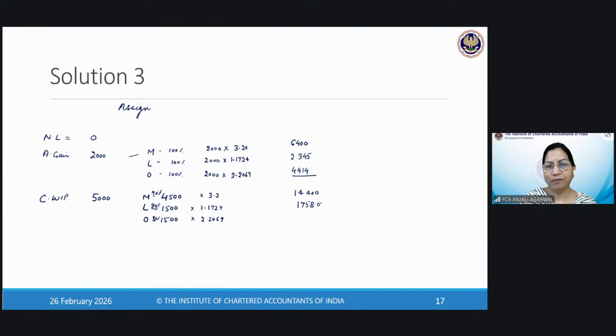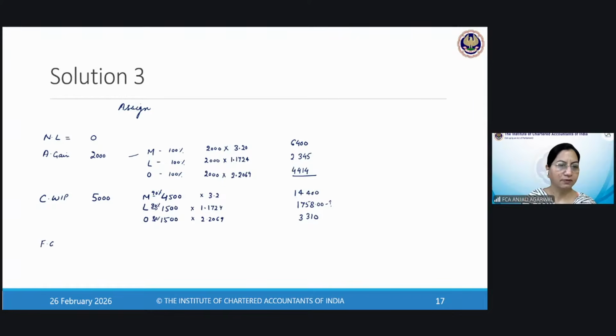I'll keep it at 0.5, round off to 1758 only, or I can give it 1759. I'll just see what I'll do about it. I'll keep this in mind. 1500 into 2.2069, 3310.35. I'll round off to lower side, 3310.